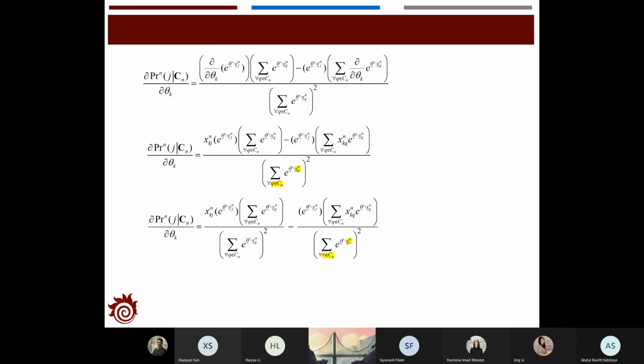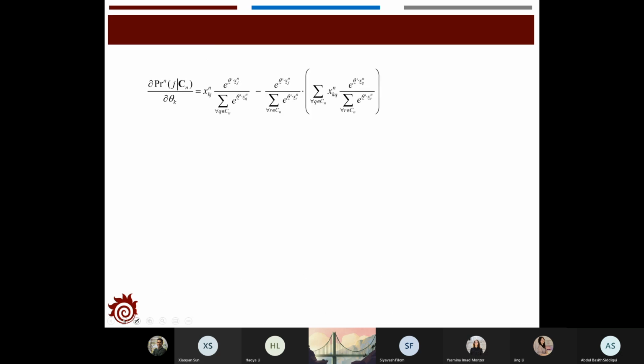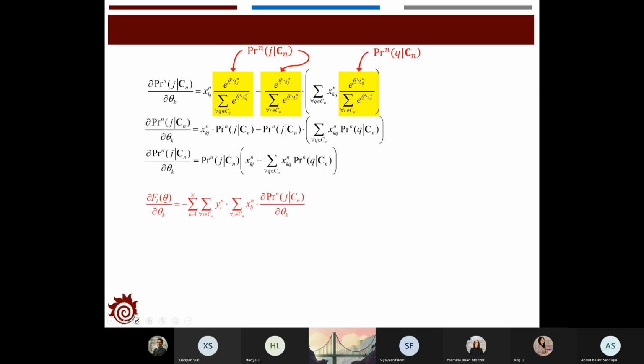Let me just quickly jump to the conclusion of this derivation. This is the derivation of the expression of the component for the cell at row l and column k.